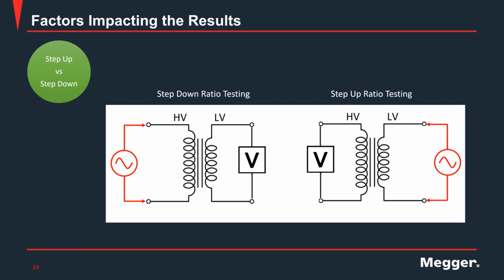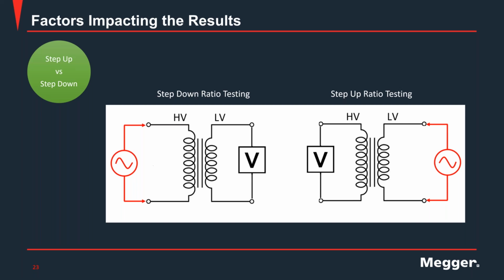So the flux that the instrument establishes in the core because of that applied voltage is a function of volts per turn. That also explains why using higher voltages will increase the flux and yield better accuracy when performing the test.